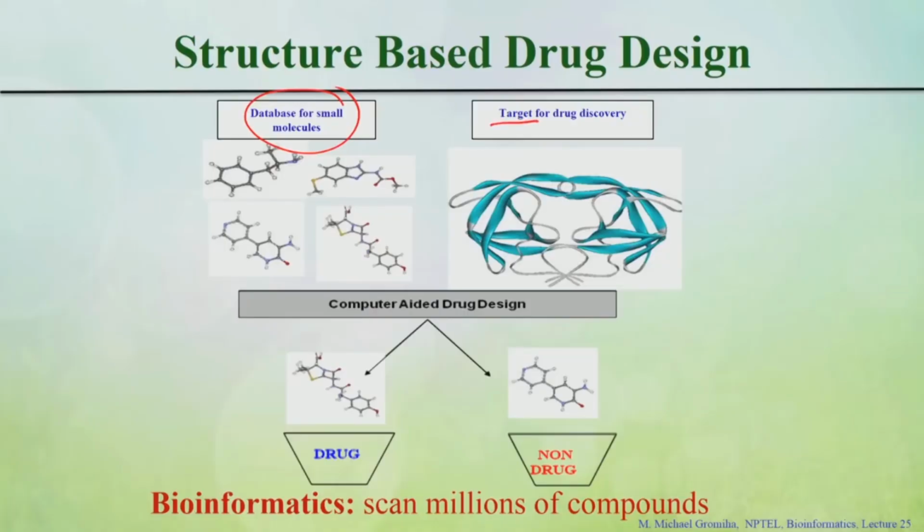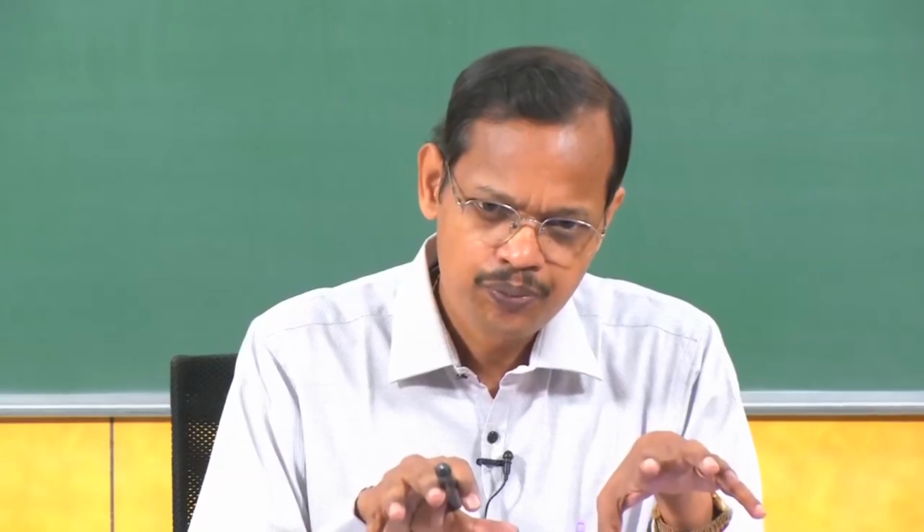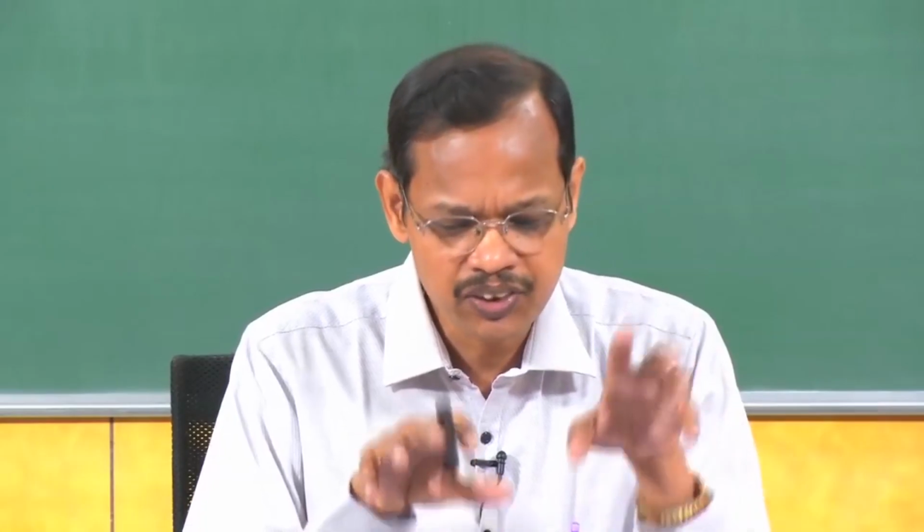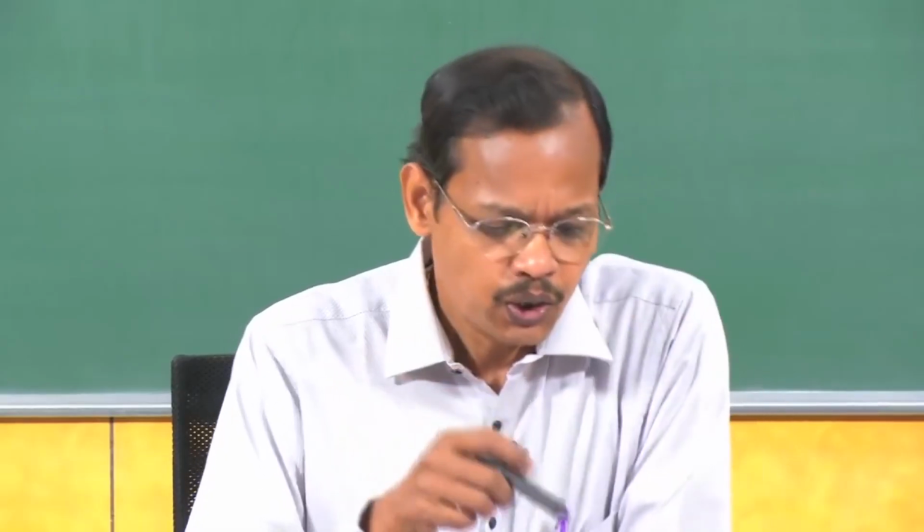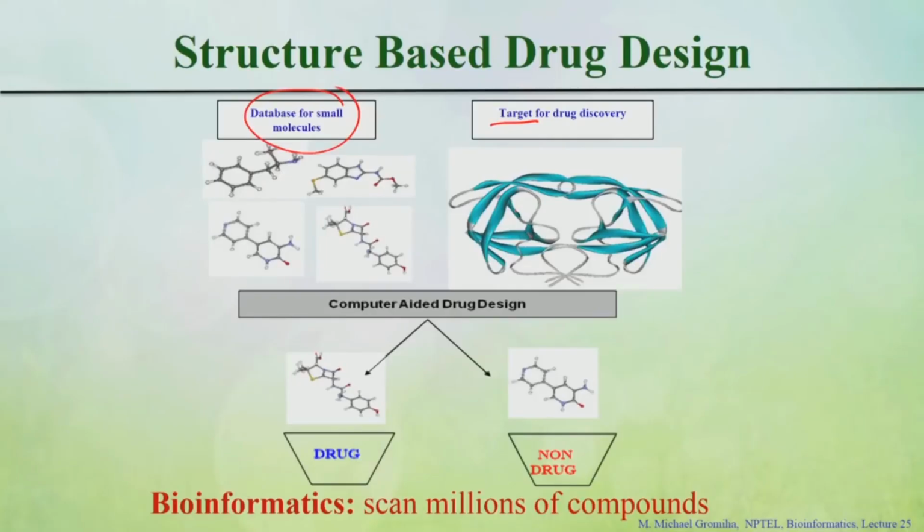So, now the question is, if we have the database of small molecules and we know the target, how to identify the lead compounds which can fit with this target, and this could be useful to design or get a drug molecule. So, we try to use different compounds, and in this case we use computer drug design.